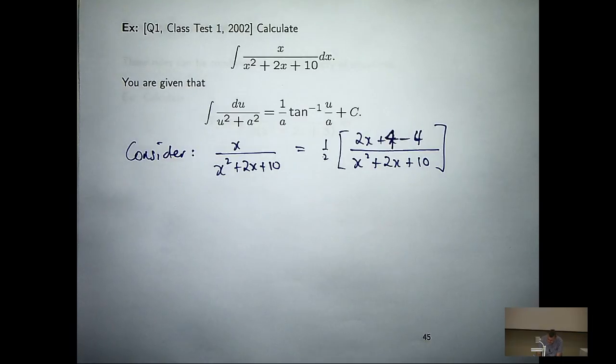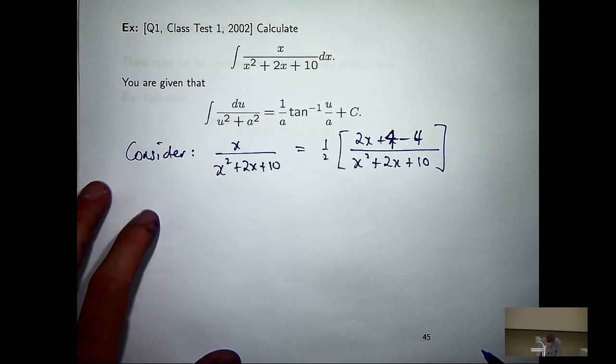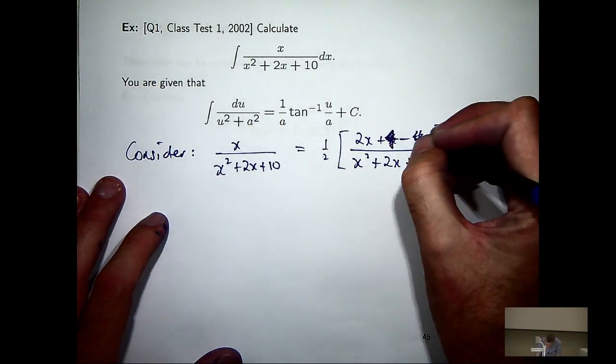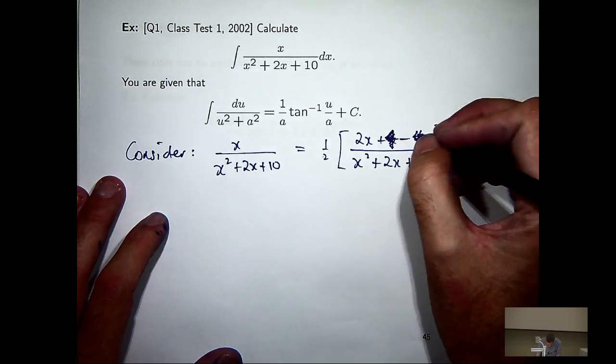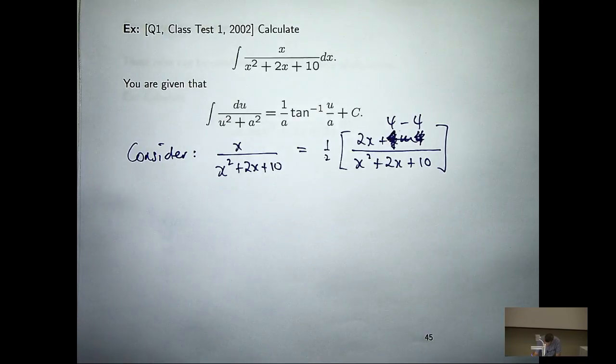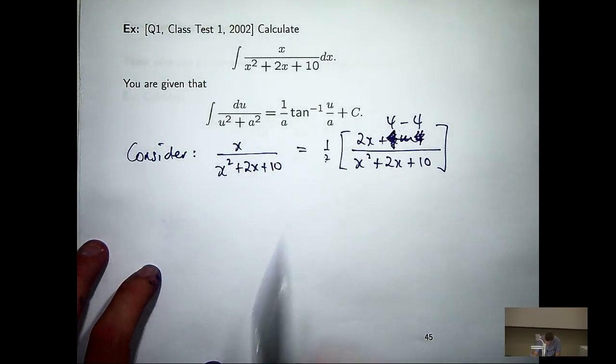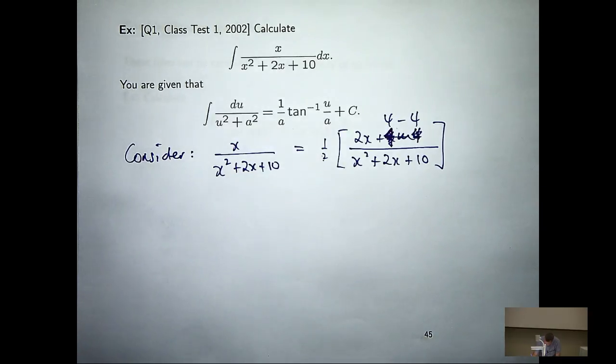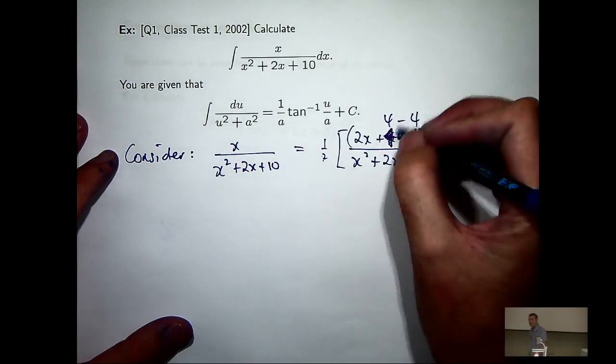Okay, so now I can bracket that up, break it up, and see. Oh, hang on, that's not right. Oh, no, it is right. Second guessing myself. Yeah, there's a half out here. You with me? All right, so I can break this up.